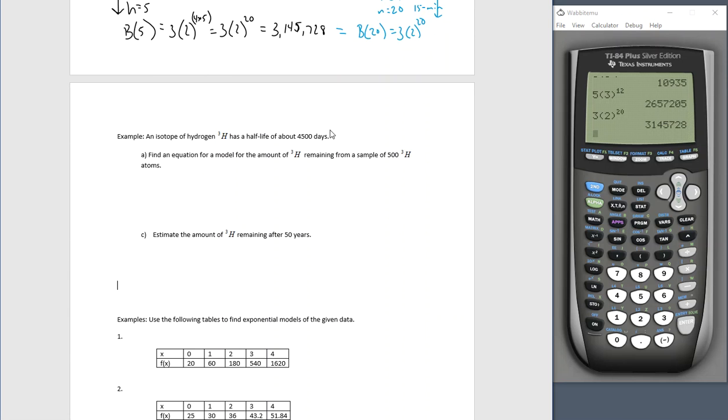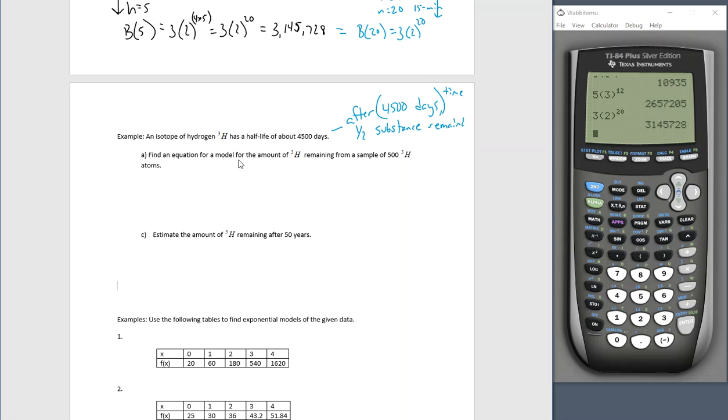What this means is after 4,500 days, half the substance remains. 4,500 days is our unit of time. We're looking at groups of 4,500 days. That's an odd one, isn't it?